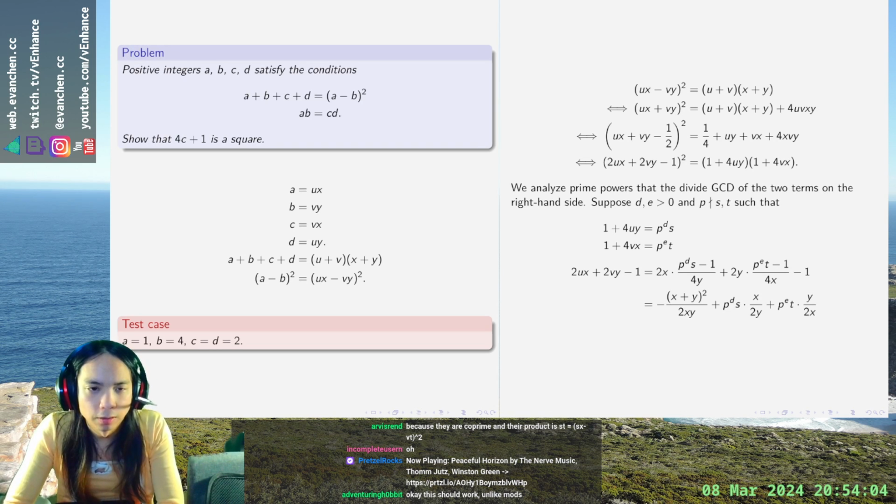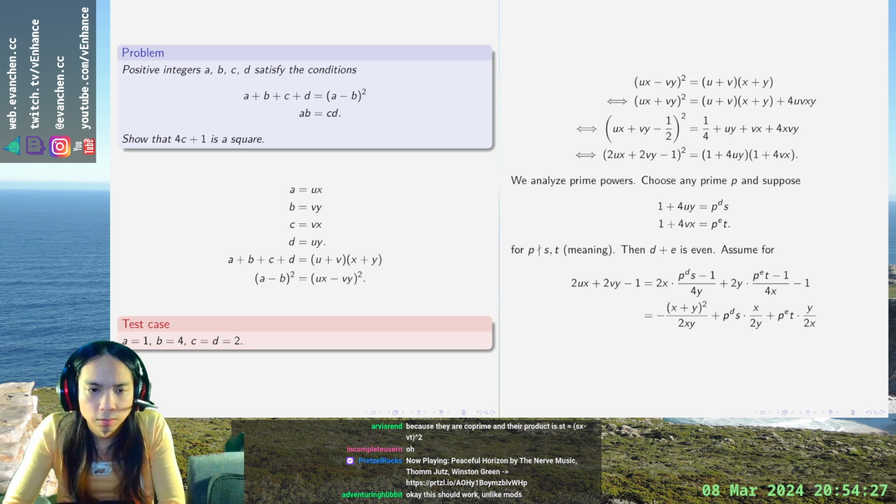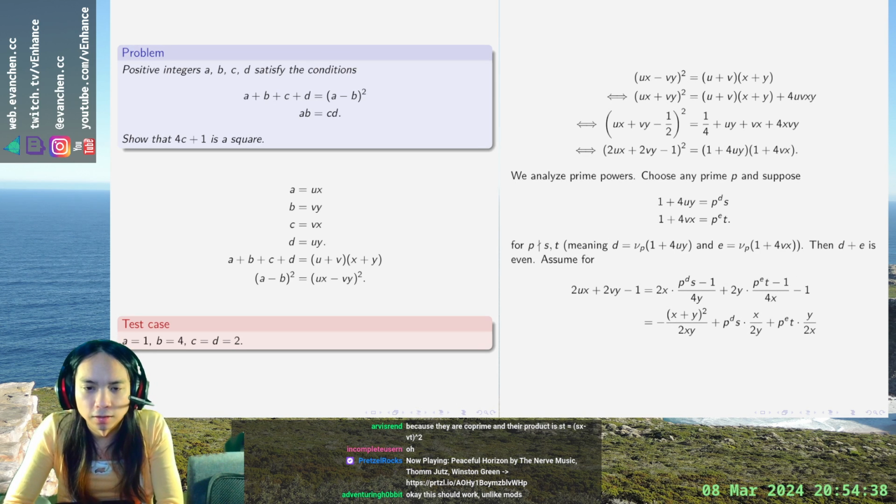Choose any prime P, and suppose this is true for P not dividing S and T. So this means E equals VP 1 plus 4Vx. Then D plus... assume for contradiction that D and E are odd. That's the thing that we think is probably not going to happen.